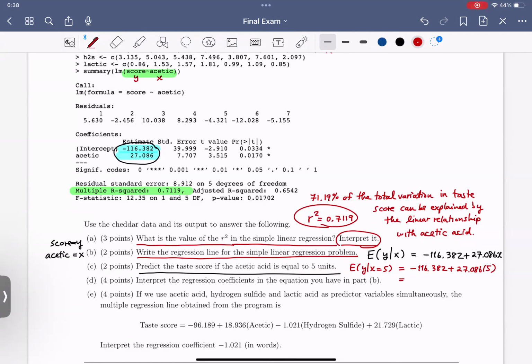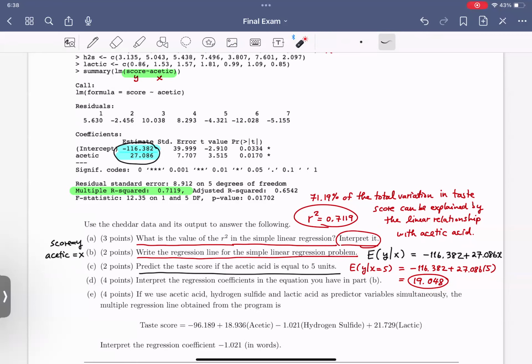Minus 116.382 plus 27.086 multiplied by 5, and the number you get is 19.048. So with acetic acid content equal to 5 units, we would expect the test score to be 19.048. Does it make sense?